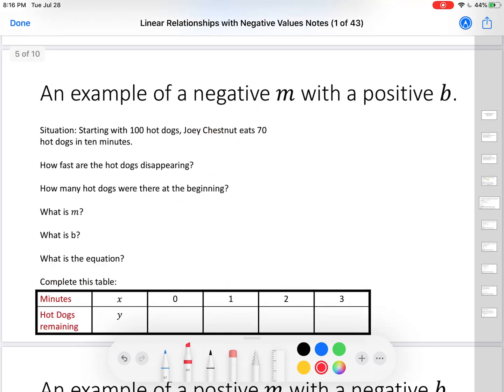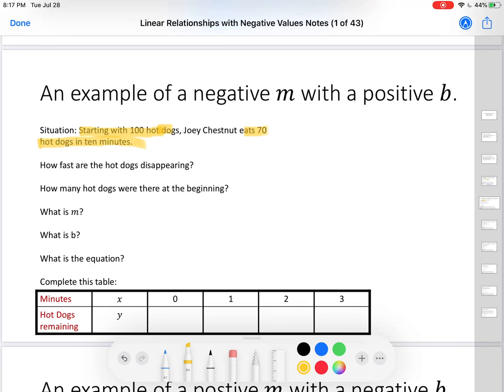All right. Here's an example of a negative M with a positive B. So this is non-proportional, so we're going to have to add something. We're starting with 100 hot dogs. Now, if we have 100 hot dogs, does that mean it's positive 100 or negative 100? That means it's positive 100. But Joey Chestnut, the world champion hot dog eater, eats 70 hot dogs in 10 minutes.